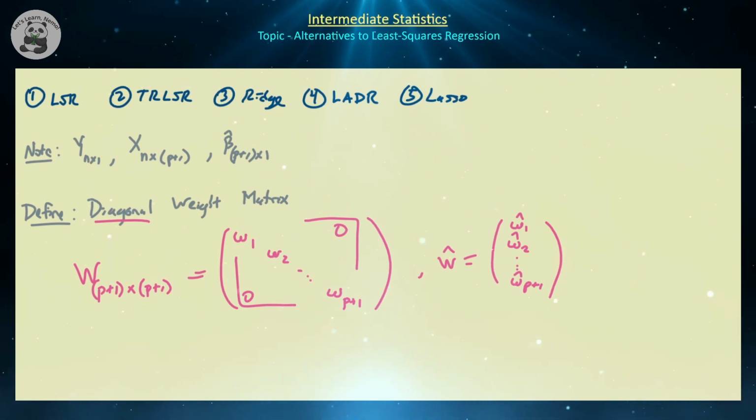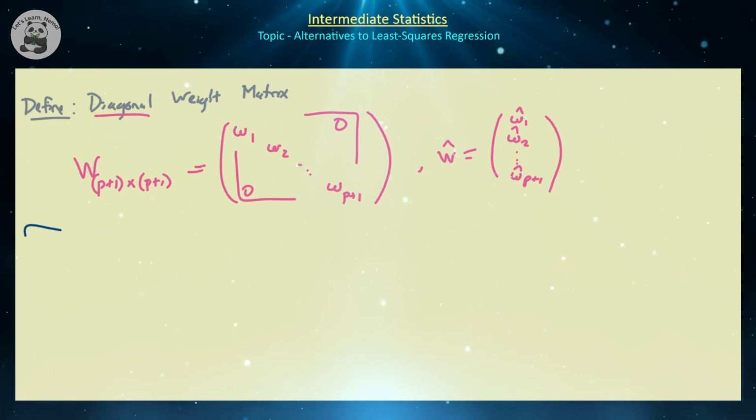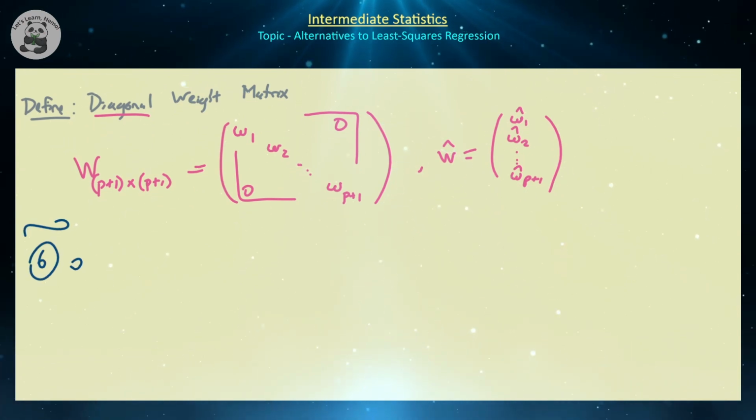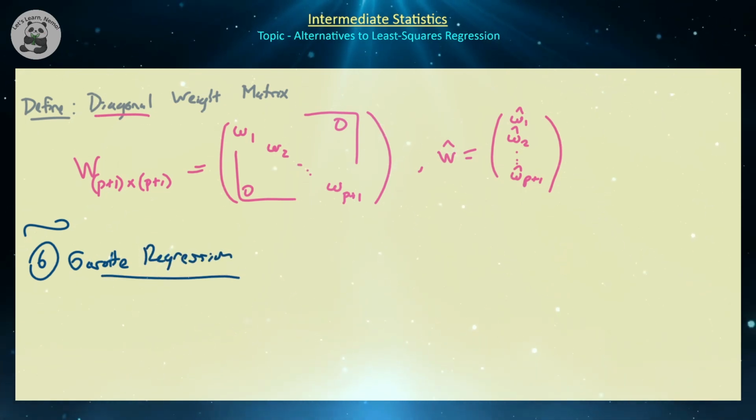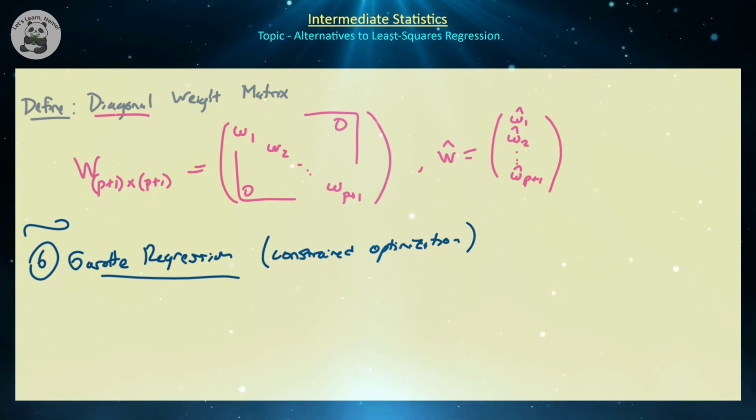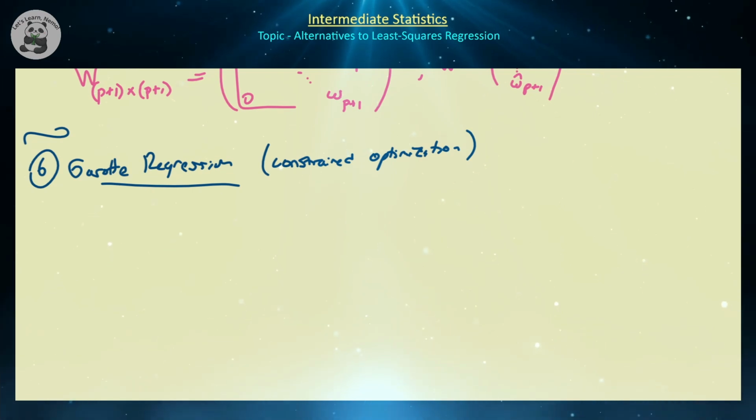So the sixth method of regression that I want to mention here is what is known as the Garotte regression. Right? And this is what we refer to as a constrained optimization problem. And there are two variations to the Garotte regression that are commonly used.